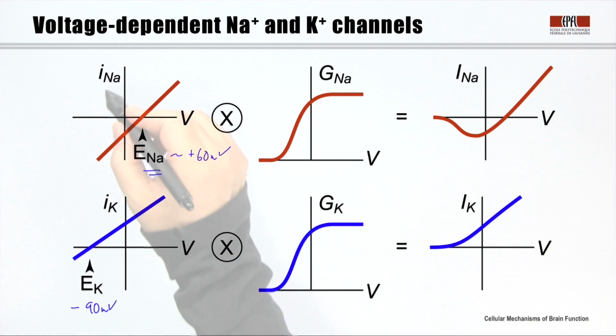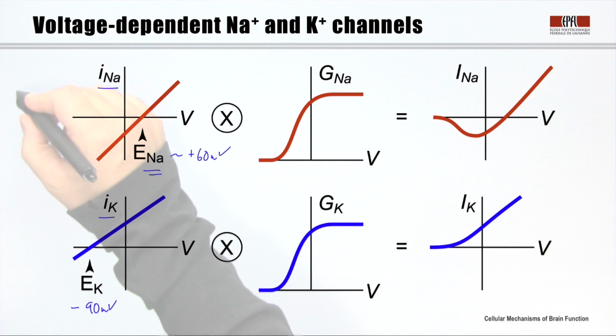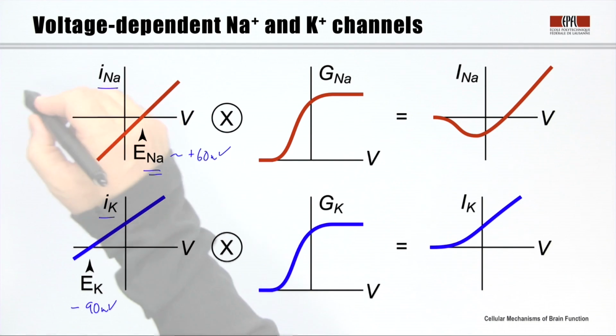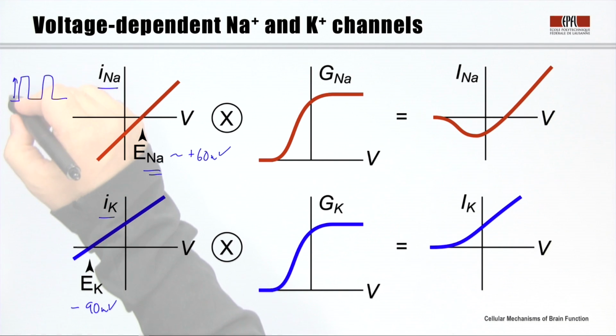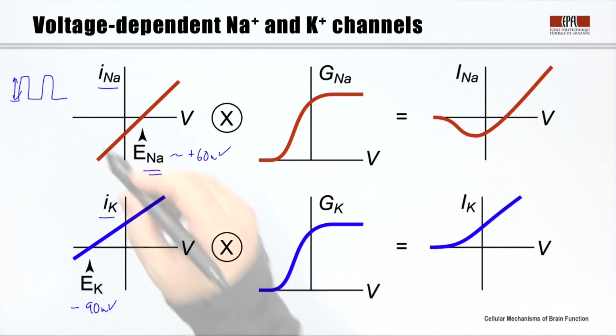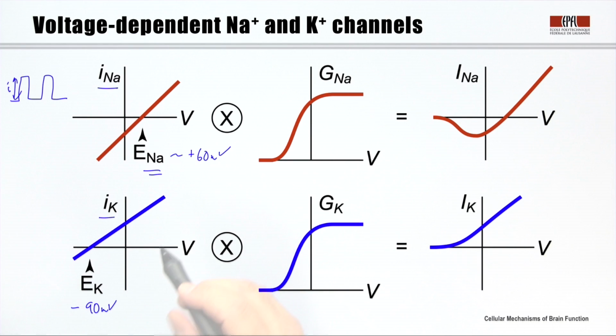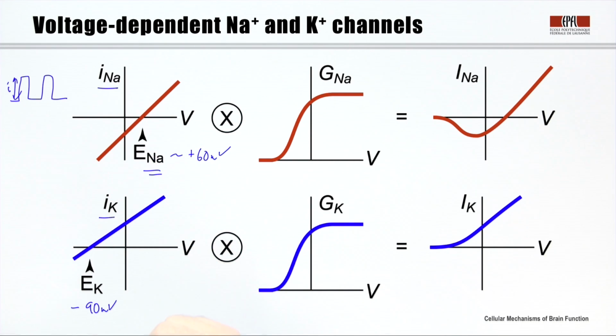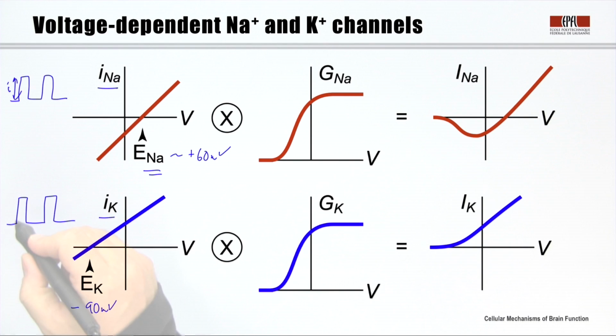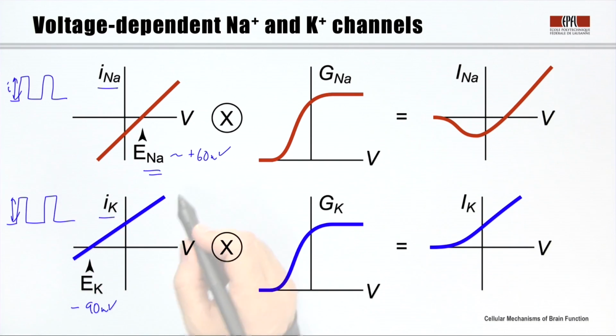And so the single channel currents, what would be flowing through a single sodium channel at different membrane potentials as the ion channel opens and closes, will be linear and reversing, of course, at the sodium reversal potential. Similarly, the single channel potassium currents as the ion channel opens and closes will also be linear with respect to voltage, and will of course reverse at the reversal potential for potassium.